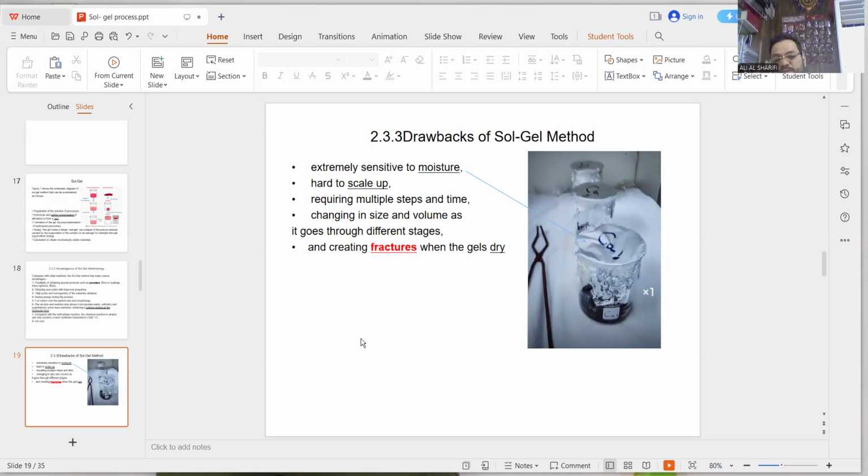You must be familiar with this when you're dealing with the sol gel process, creating fractures when gels dry. In the next video, we will talk about the fractures, why it happens, how we can deal with it, how I dealt with it, and some amazing information will be in the next slide related to sol gel and how we can produce perovskite oxide ceramic.